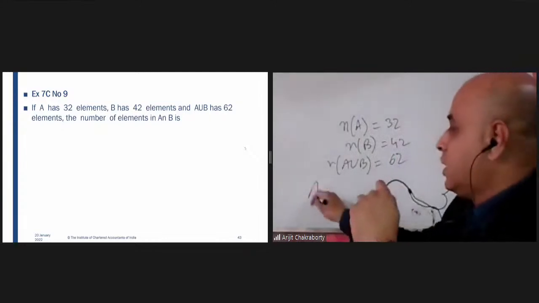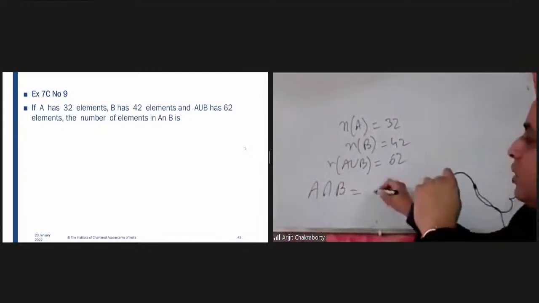So we can easily understand, because we know the formula n(A) plus n(B) minus n(A intersection B) is equal to n(A union B).